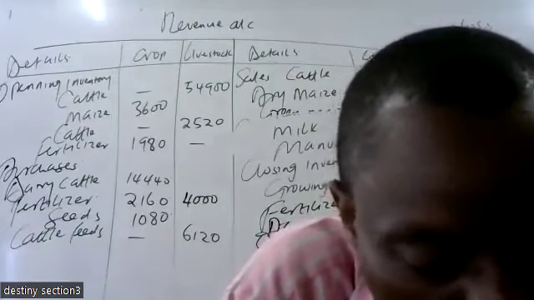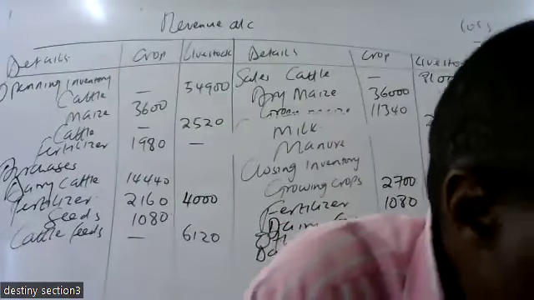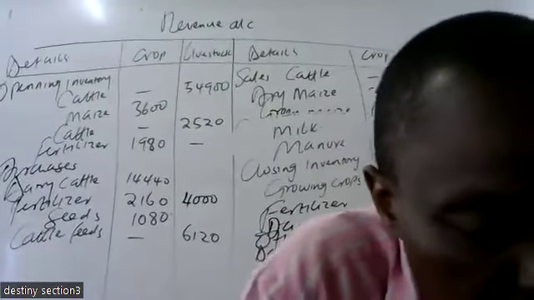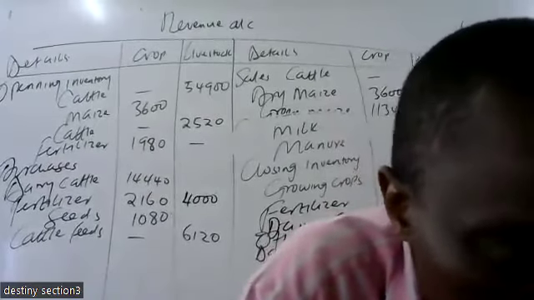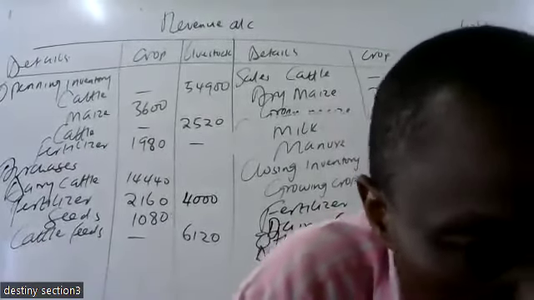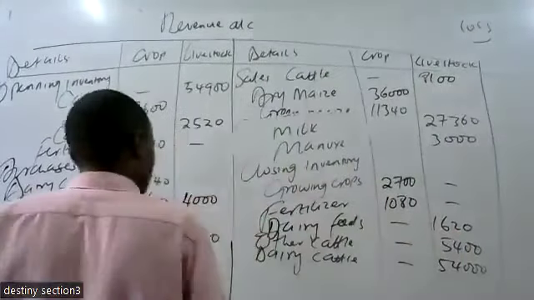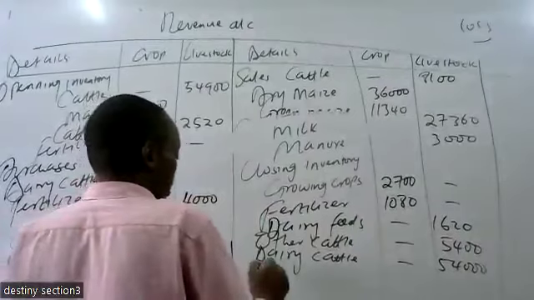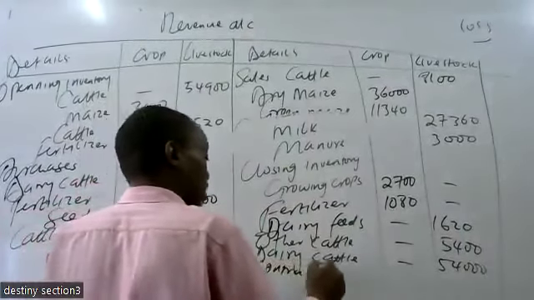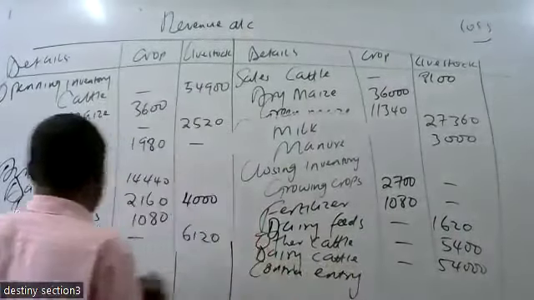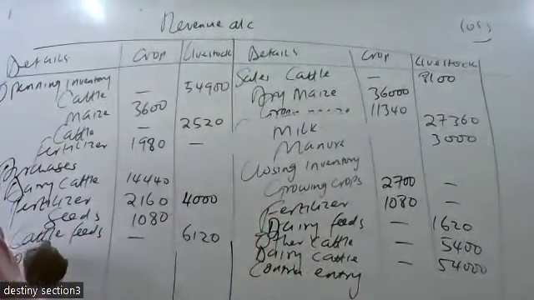Let's now consider the additional information. Number one is about closing inventory. There is this contra entry, about what I was explaining yesterday. Contra entry appears on both sides.